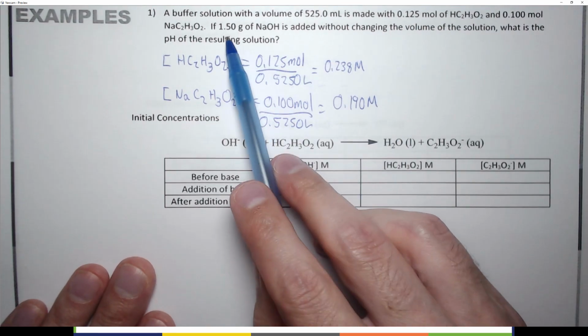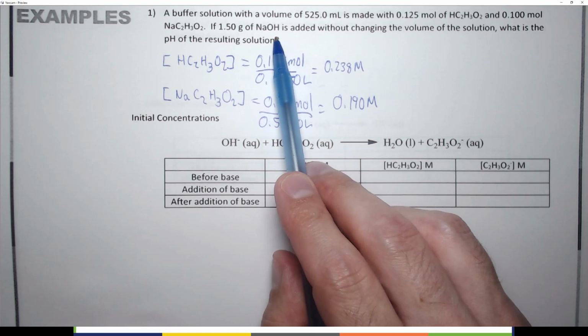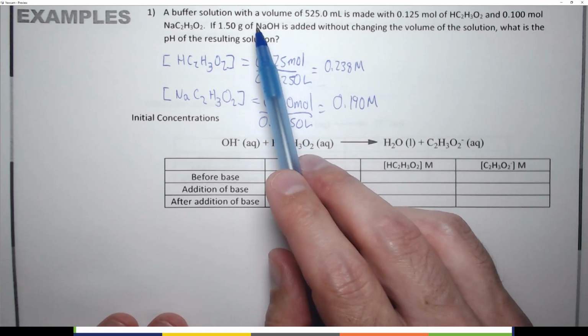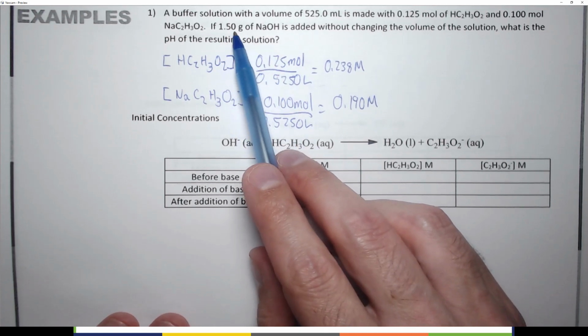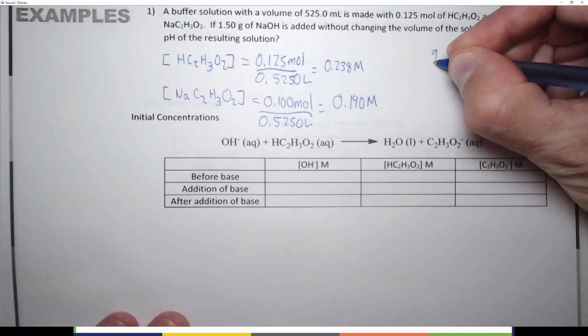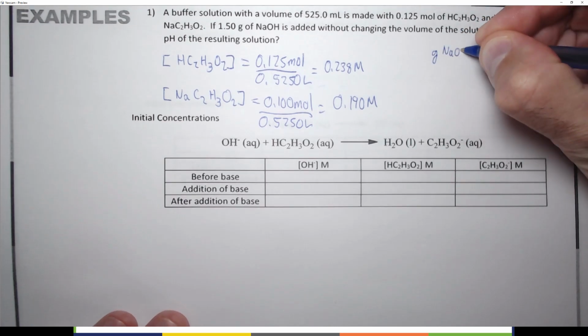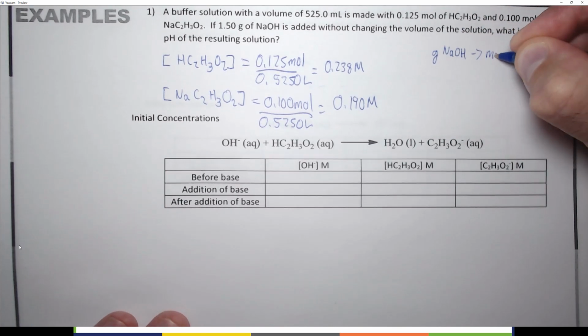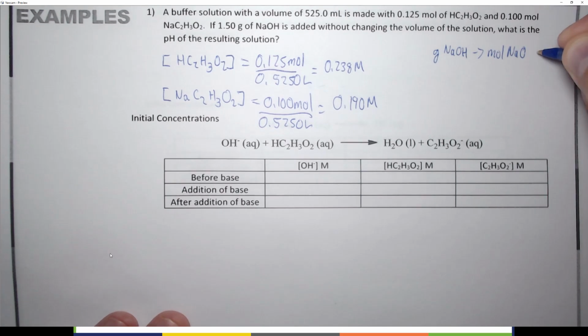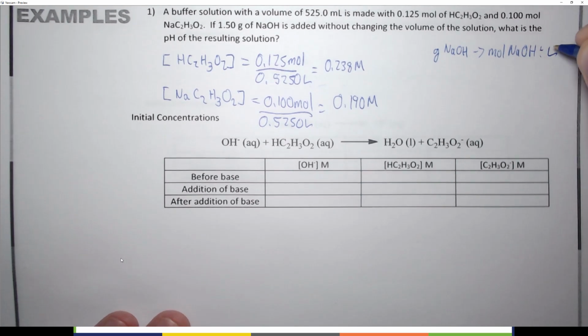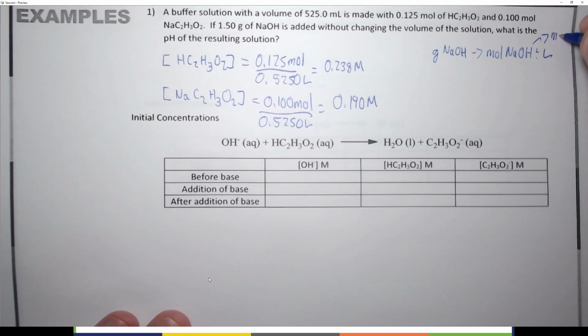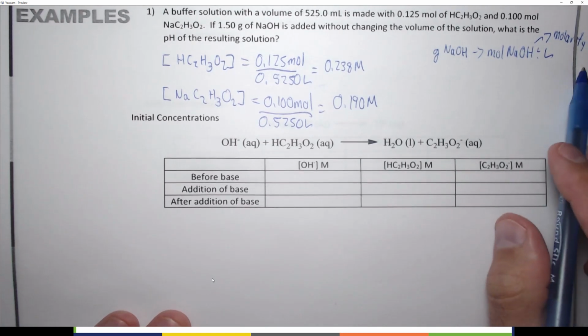Now I have to find the concentration of NaOH that I have added. The problem is, for NaOH, I'm given it in grams. So I need to convert from grams of NaOH to moles of NaOH, and then divide by the liters, and moles divided by liters will give me the molarity of the NaOH.